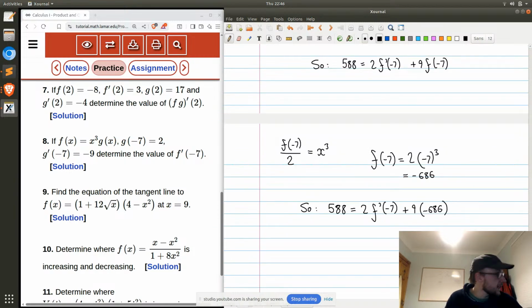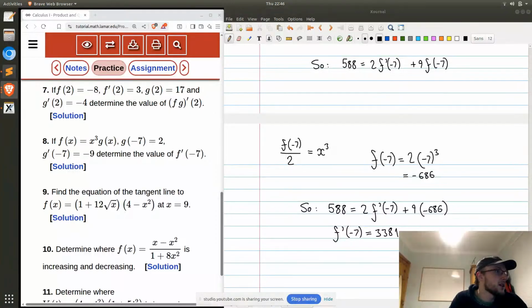Could be completely and utterly wrong. So I think it's 3381. This could be colossally wrong. It's a nice integer, but it just seems way too big for everything that's involved.